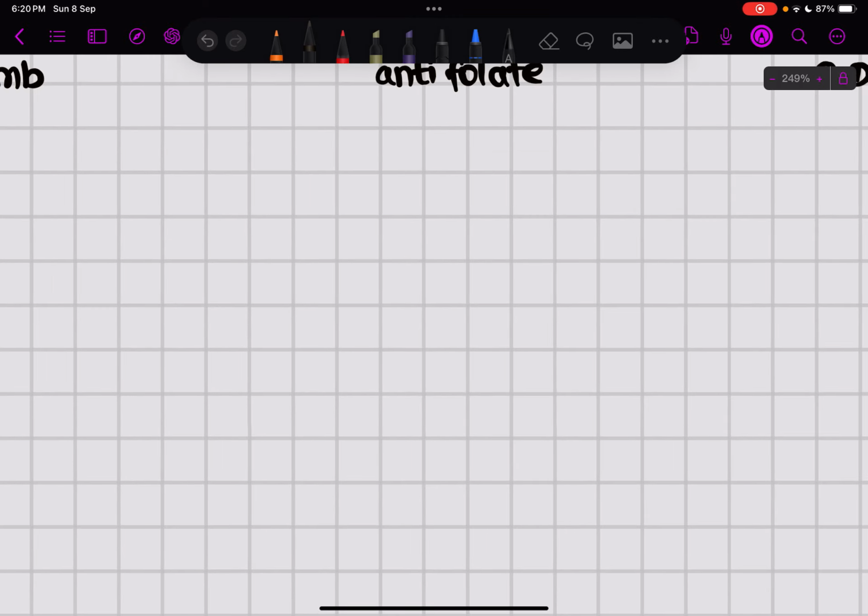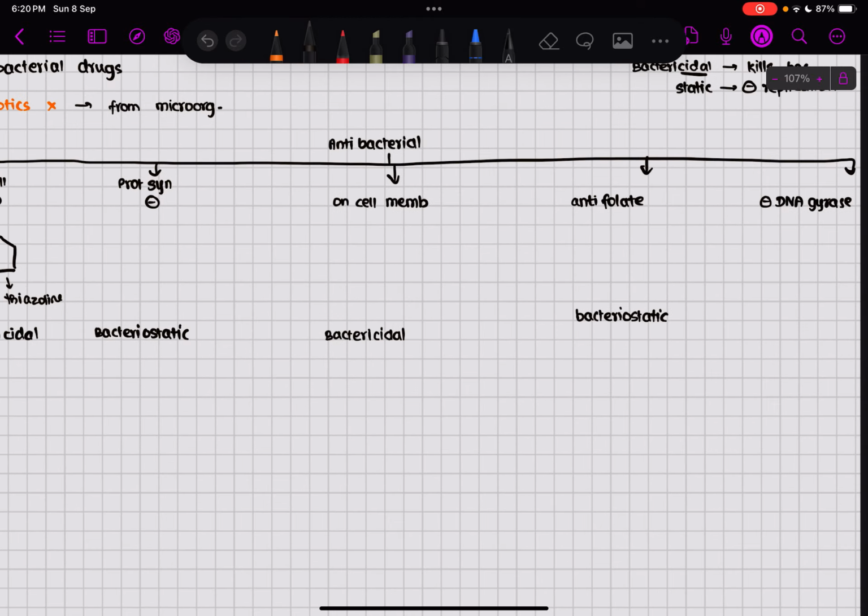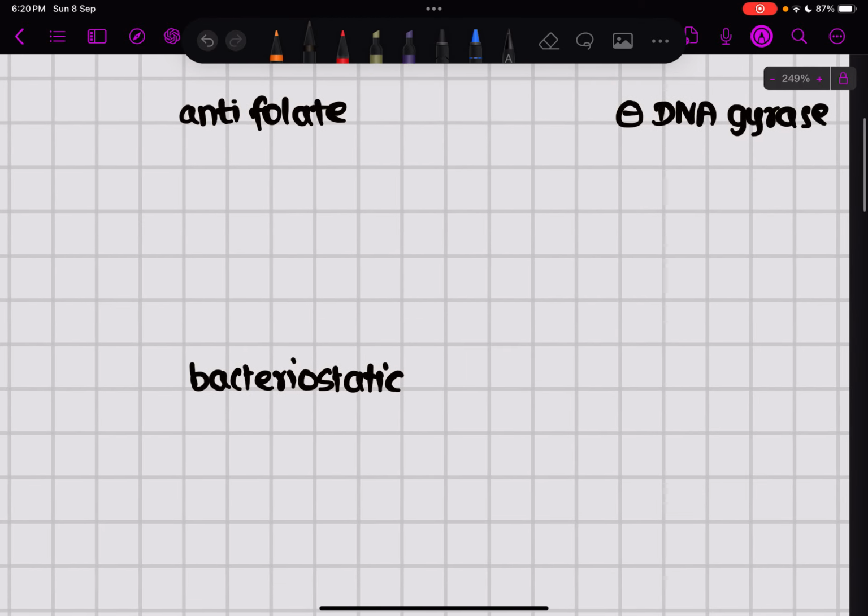Antifolate is bacteriostatic because it acts on its metabolism, and DNA gyrase inhibition is bactericidal because it does not allow for replication.